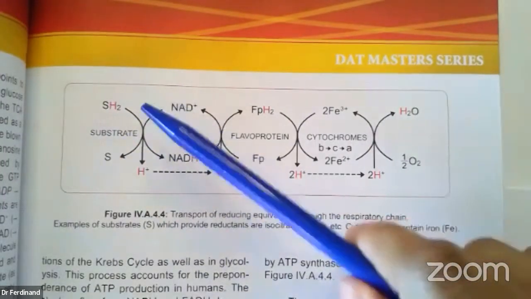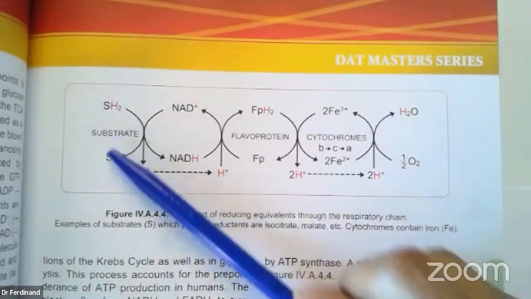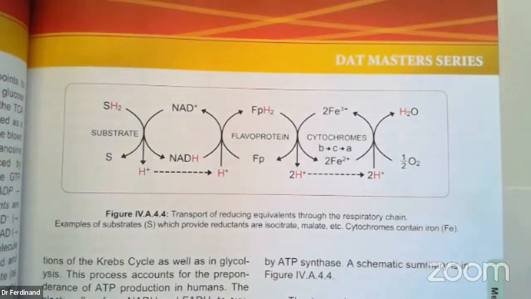So we have the substrate here, which is reduced because it has the hydrogen. When you talk about hydrogen in this context, please don't confuse this with a proton or acid-base chemistry, because acid-base chemistry is different. There are two levels here.